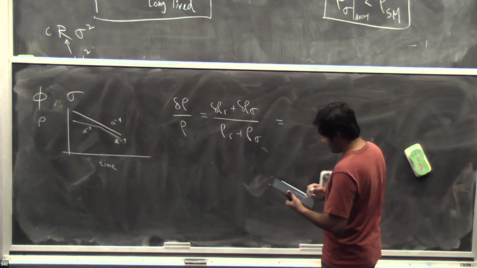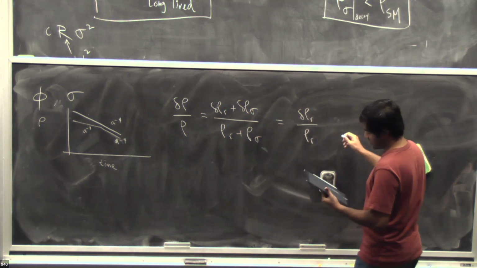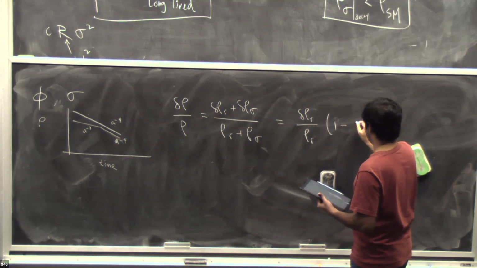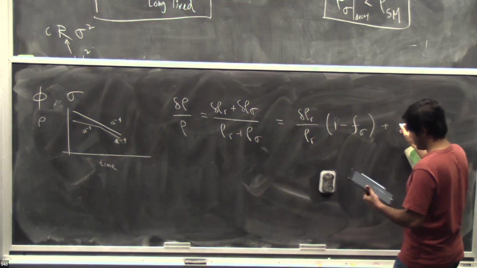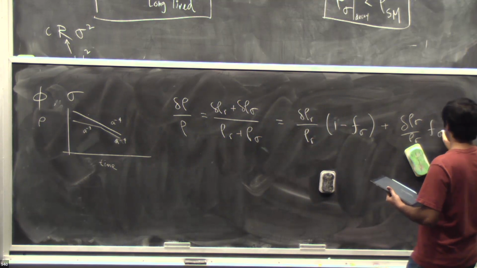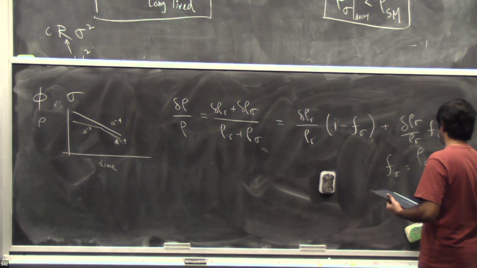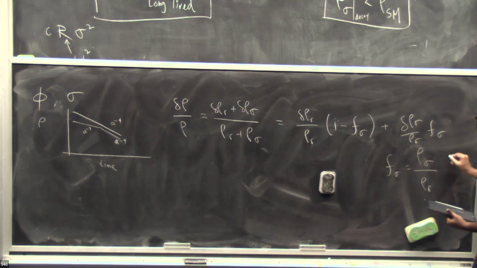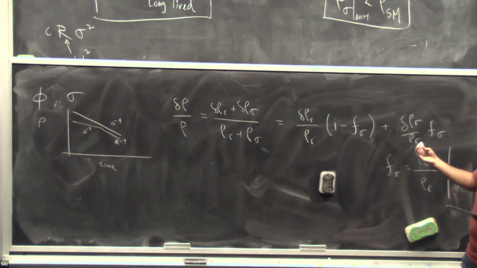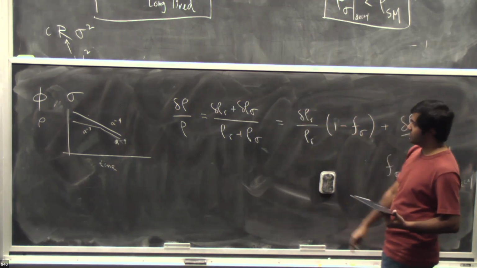If you just do the algebra, you'll see there are two pieces: delta rho r over rho r, times 1 minus f sigma, plus delta rho sigma over rho sigma, times f sigma, where f sigma is the energy density in sigma over the radiation at the time of the sigma decay. Okay? So he's just saying you have two components in your system, and fluctuations in either of them would source some density perturbation.